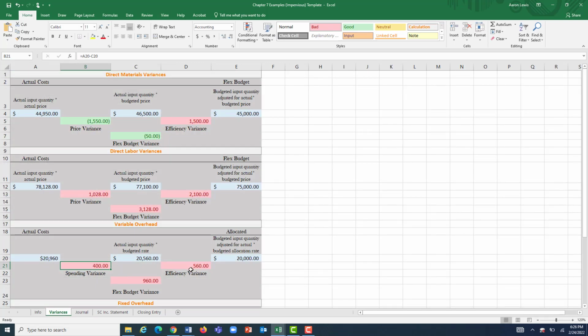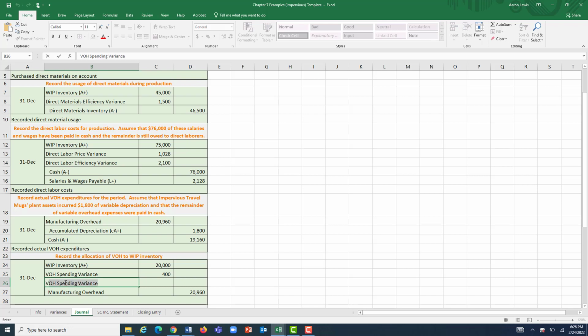Variable overhead efficiency variance is also unfavorable at $560. So we're going to debit that account, VOH efficiency variance, for this $560. And now we've got $20,960 in total on both sides.